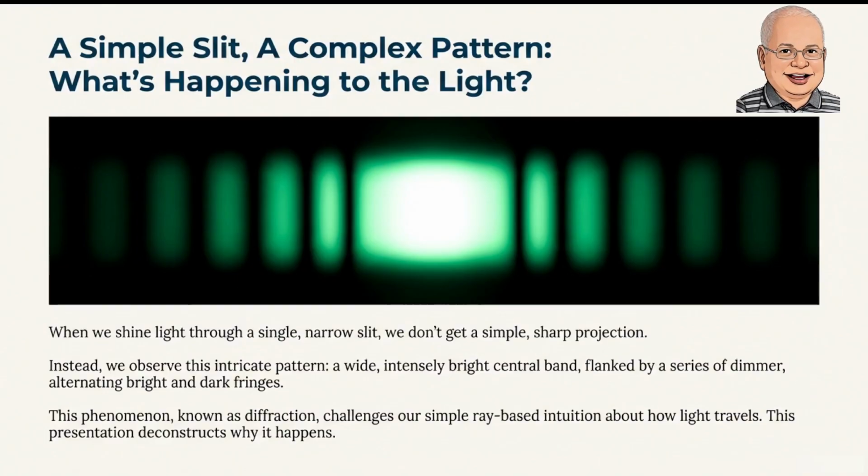Instead, we get an intricate pattern: a wide, intensely bright central band, followed by a series of dimmer, alternating bright and dark fringes. This phenomenon is known as diffraction. This challenges our simple ray-based intuition about how light travels. In this presentation, we will see why this happens.